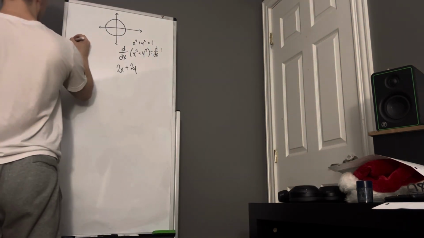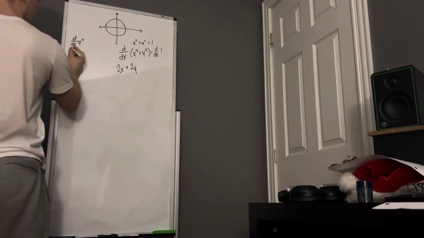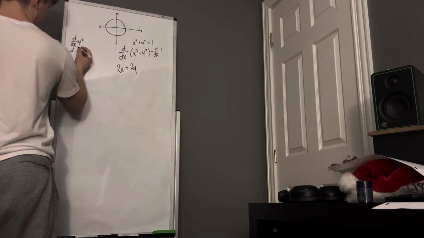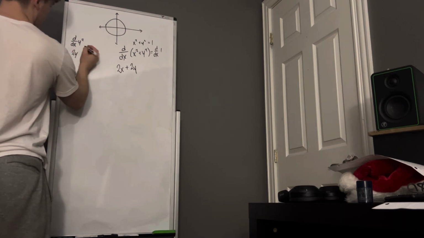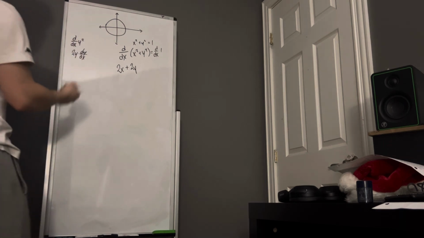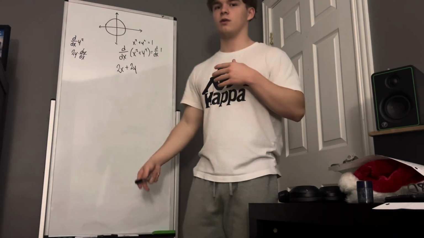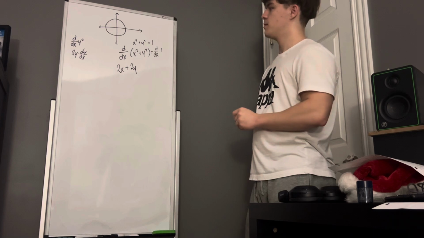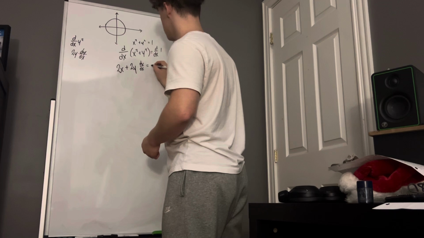If we want to take the derivative with respect to x of y squared, what we're going to get is 2y times dy over dx, because what we can see is that our y squared is going to be our u, like we talked about, kind of like a u sub. But yeah, so what we're going to get here is times dy over dx equals 0.